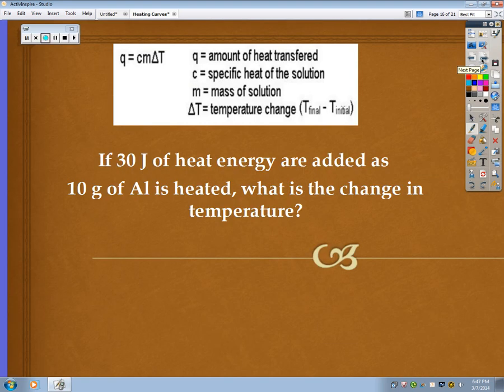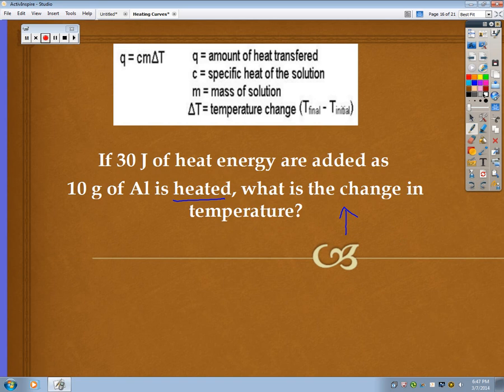Let's do another one. 30 joules of heat energy are added as 10 grams of aluminum is heated. What's the change in temperature? If it says it's heated, does that mean our temperature is going from a lower temperature to a higher temperature? So we're going to have a positive temperature. Okay, I'll talk to you more about that later in class. So what do we have?